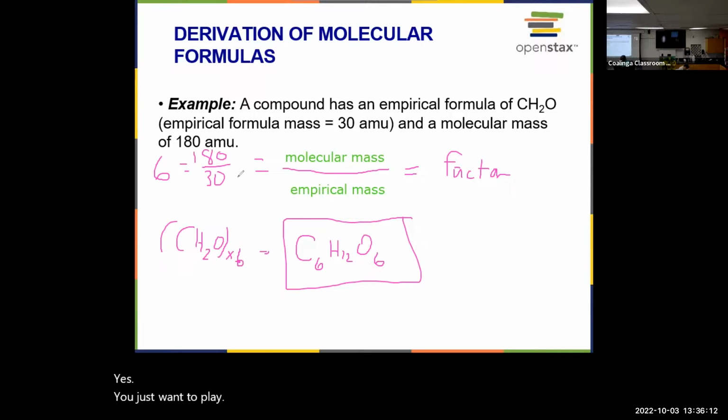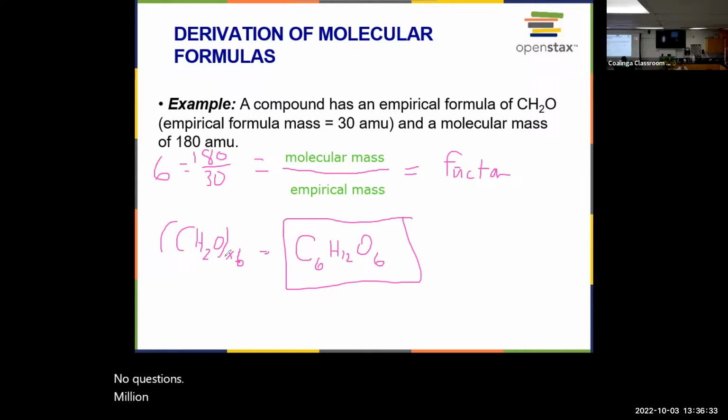That's right. Yeah, so you're multiplying each of them by 6. Does that make sense? Yeah. Questions?